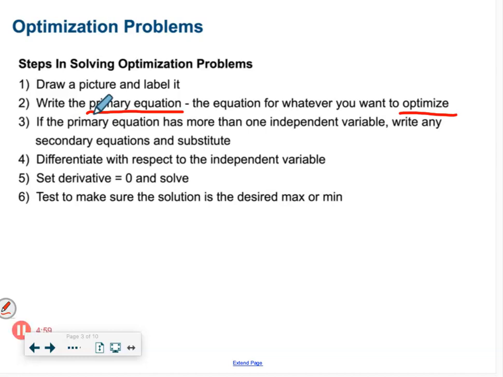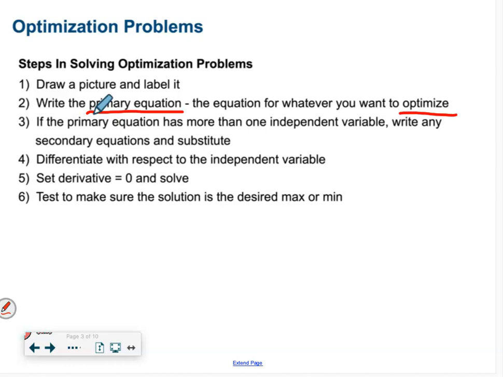So the primary equation is whatever you're trying to maximize or minimize, whatever you're trying to find the extreme of. No matter what, that's what you write first. And usually that's not given. Usually it's in the question at the end. So you have to read the whole thing and then figure out, all right, what am I trying to optimize? That's what equation you write first.